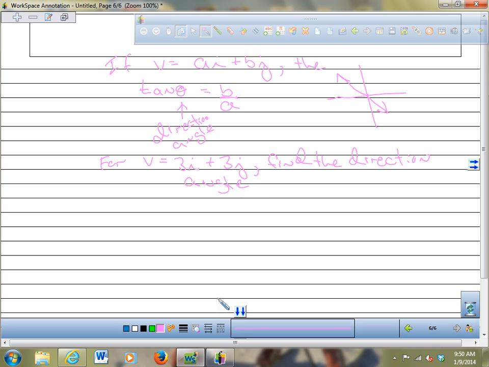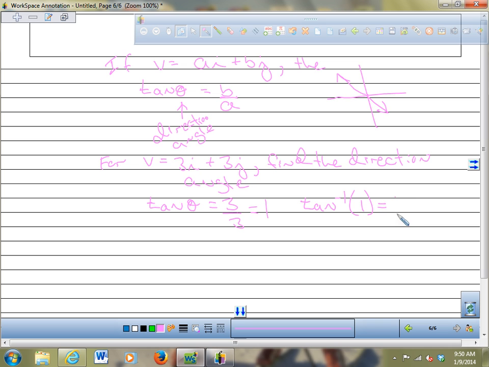Could you do that? Tangent of theta is equal to 3 over 3, which is equal to 1. So if I take the inverse tangent of 1, who remembers what that is in degrees? 45 degrees.